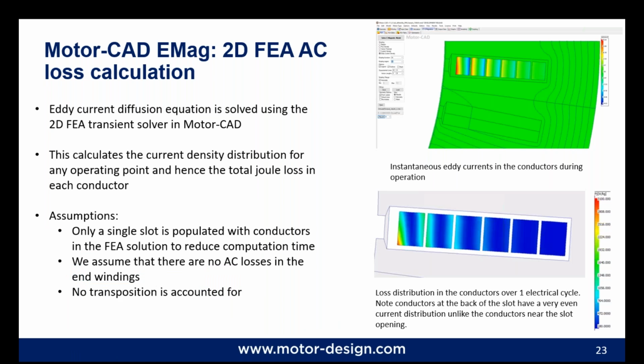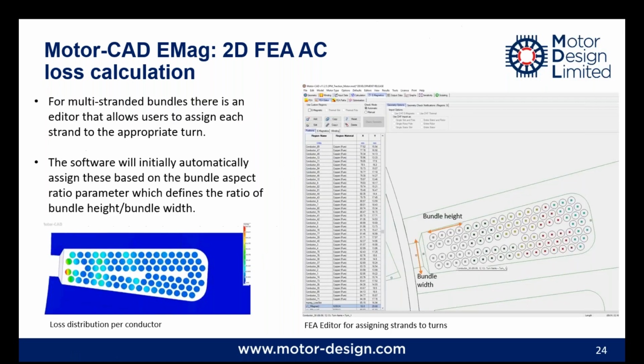So this was a hairpin winding solution that was shown with quite large rectangular type conductors. The other type of winding that is quite common is the multi-stranded bundles, where in this case we've got, I think, 6 or 7 turns, and each turn is made up of a number of strands.